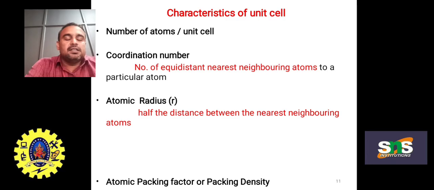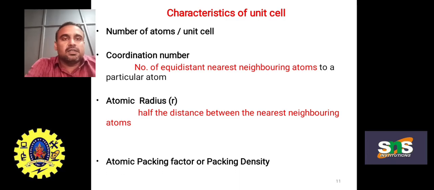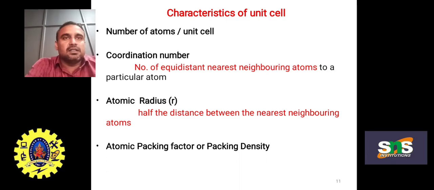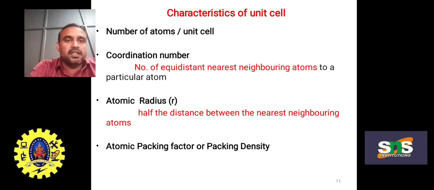Okay, in crystalline materials, the first topic is the crystal system, and then the next important basic topics of crystalline nature. Then finally the characteristics of the unit cell. So what are the important parameters in a unit cell in a crystal system? The first one is the number of atoms per unit cell, as well as the coordination number, the total number of nearest neighbor atoms, and then the atomic radius.